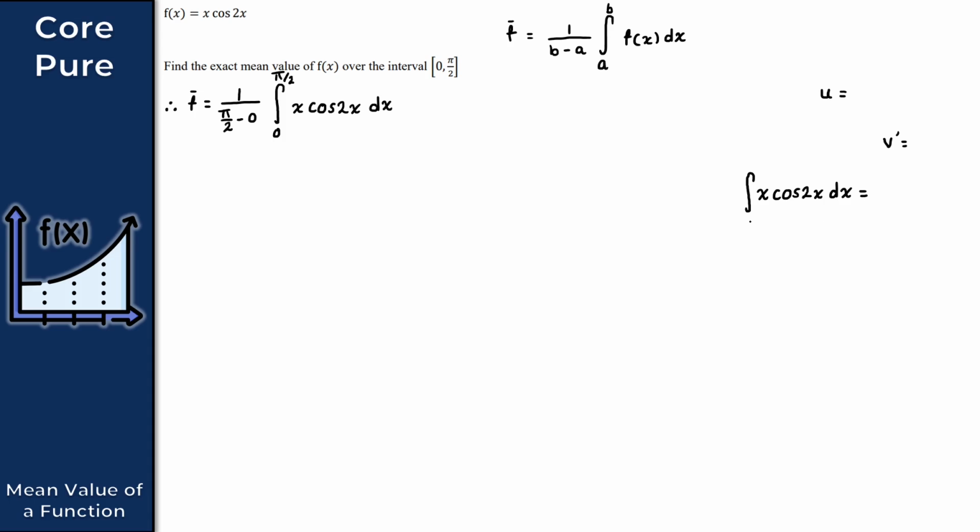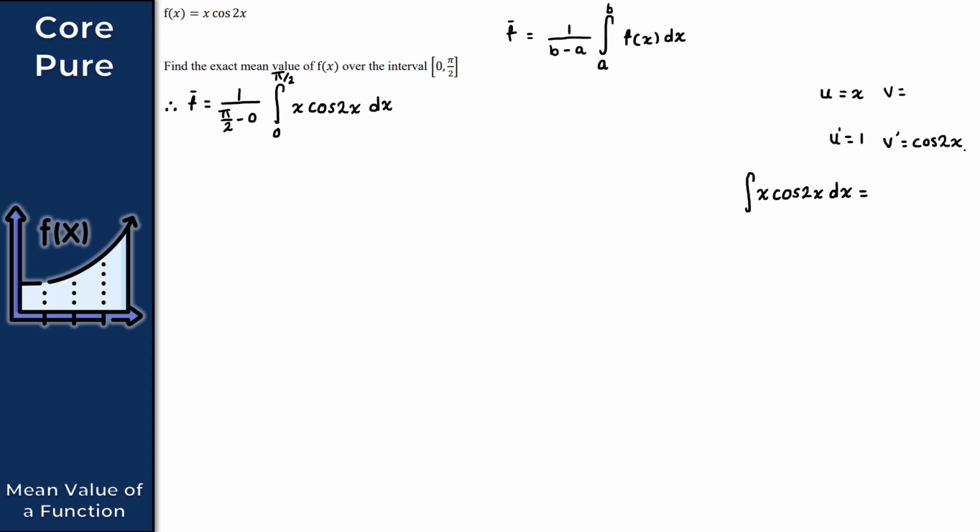So it makes sense here to choose u equals x because once we differentiate that, we obtain 1, right? We just obtain a constant. So in that case then, u equals x here, and u prime is simply 1, okay? So v prime would be the remaining function here of cos 2x.